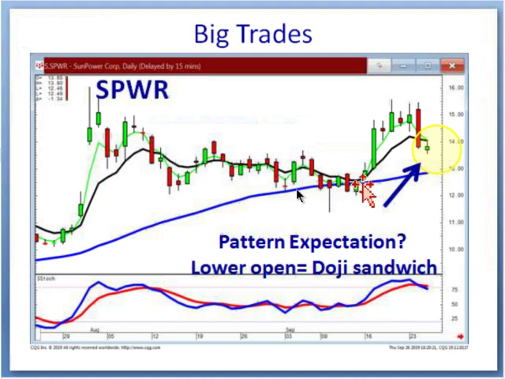If we have a good pattern expectation, this is what we can do as far as getting some huge returns. If we saw a bearish engulfing in the overbought condition followed by a doji, what would we expect to happen after the doji?